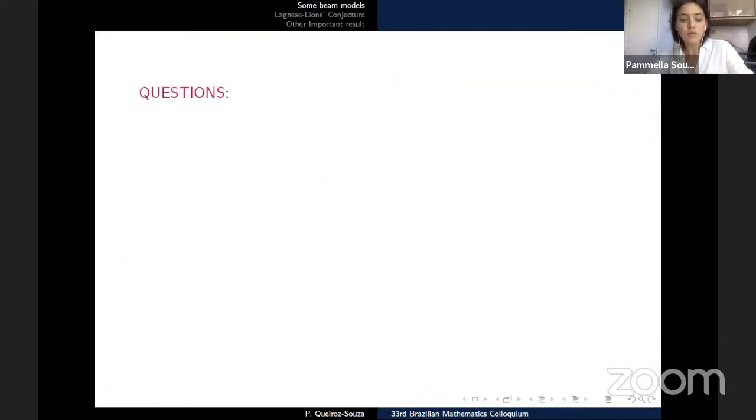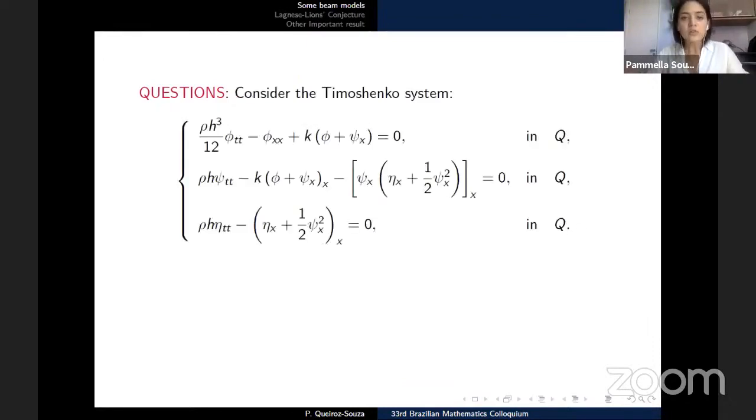From the mentioned work of Araruna, Braz e Silva, and Zuazua, some questions have appeared. Consider now the one-dimensional nonlinear Timoshenko system here. The first question is about the veracity of the conjecture.